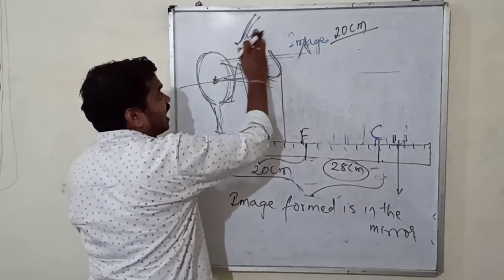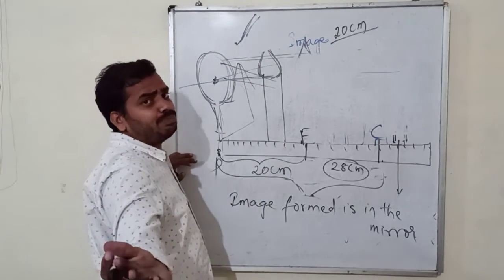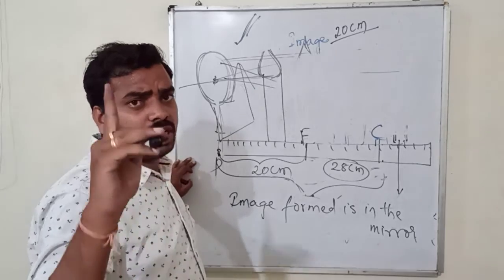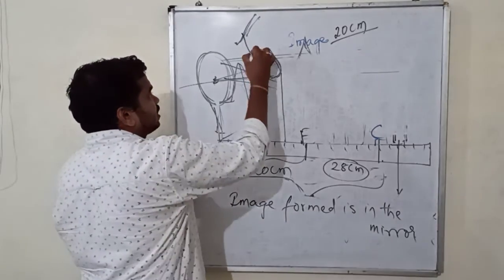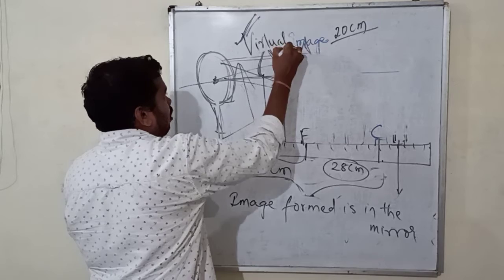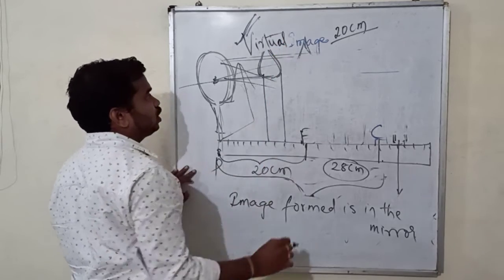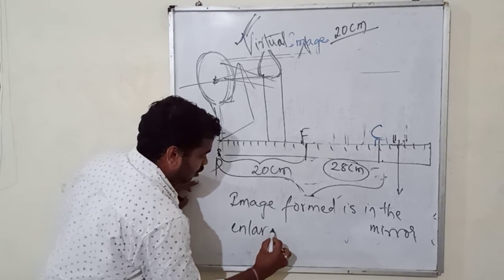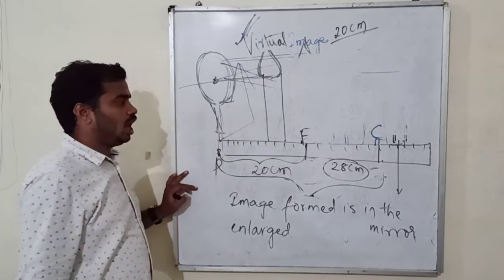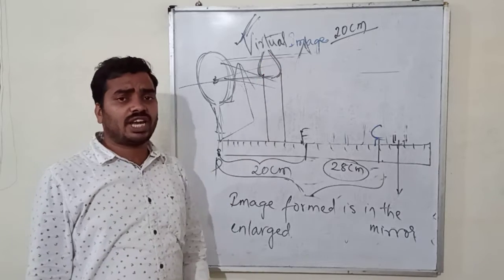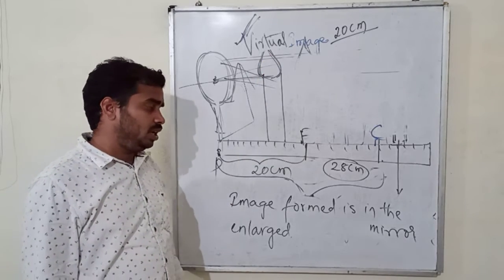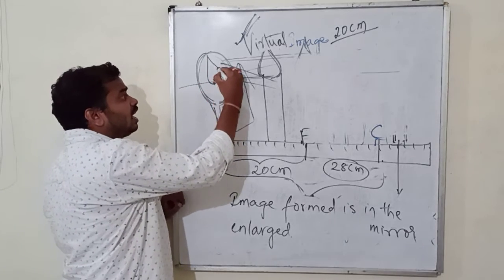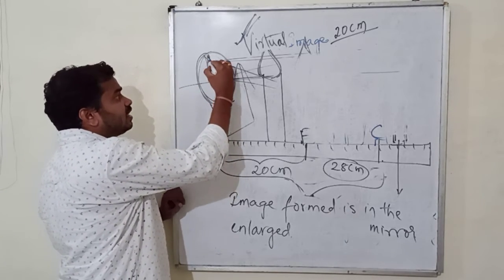No. Such images which cannot be captured upon the screen are called virtual images, and the image size will be enlarged. Remember, the image size will be enlarged. Virtual, enlarged, and you can see the image will be erected.